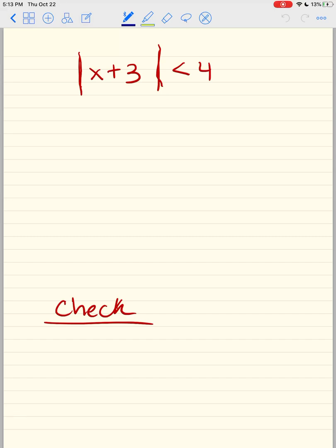Let's do an inequality. Absolute value of x plus 3 is less than 4. Remind yourself that if you get confused between less than and greater than, this almost looks like an L. Okay, everything is moved away, so it's the same story. x plus 3 is less than 4. And x plus 3, now I got to do something really tricky here.